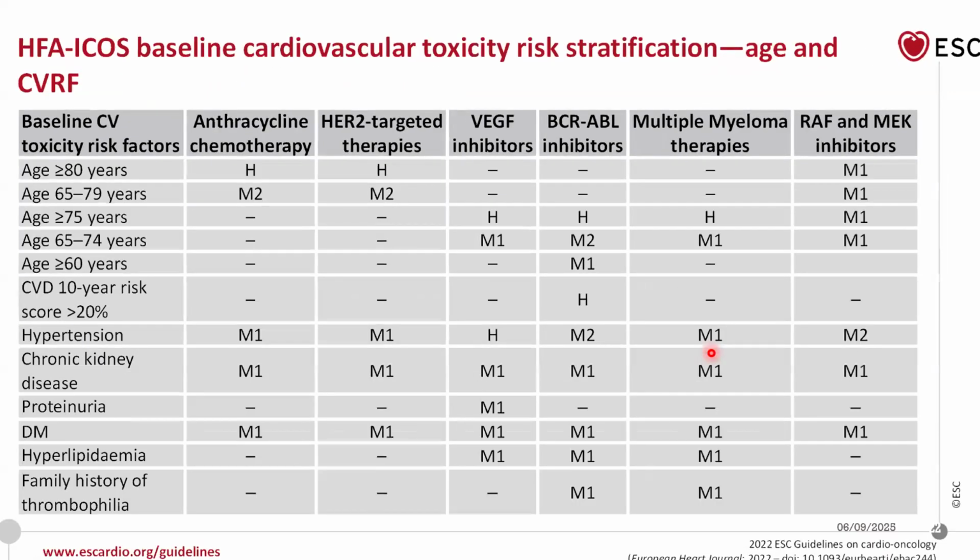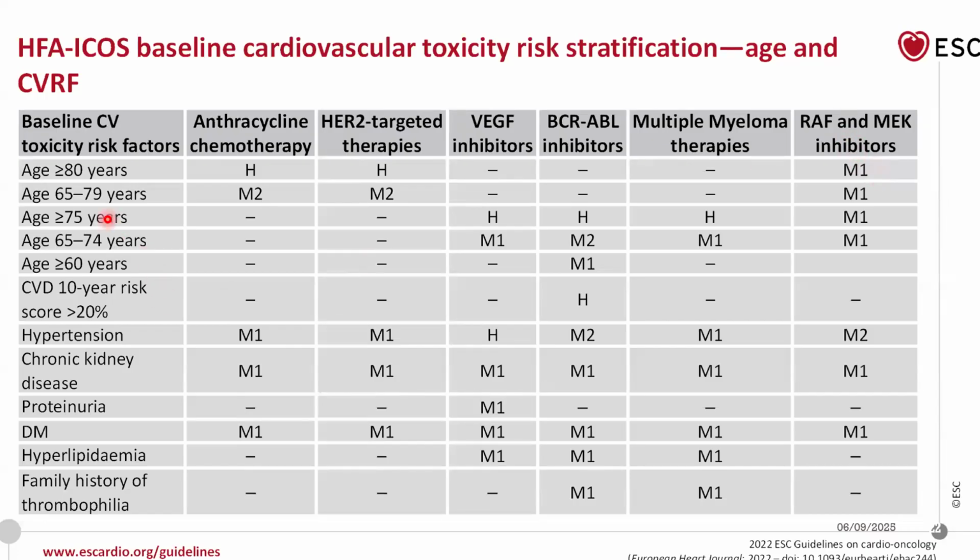Let's just say somebody is 80 years old, has multiple myeloma, and is going to take a proteasome inhibitor. So with age 80 years and above, who is going to take this medication, based on the age alone, we have moderate 1. So that gives a score of 1.